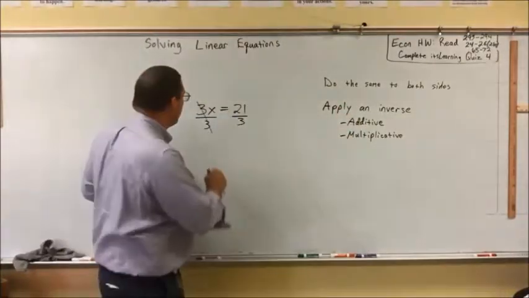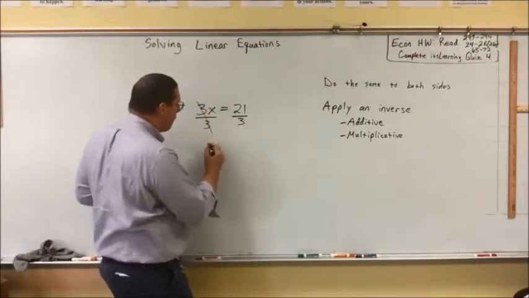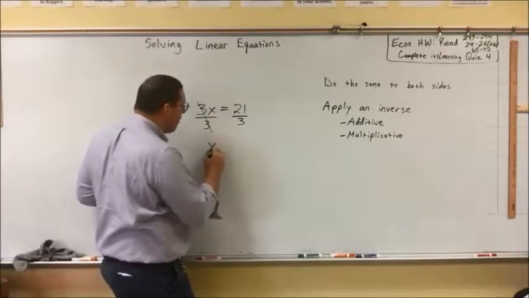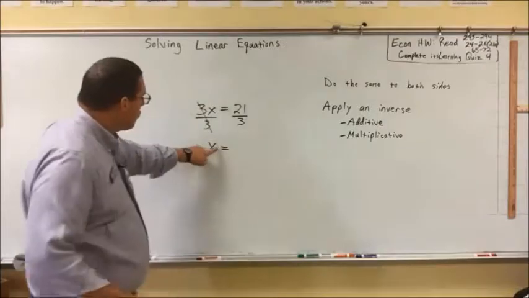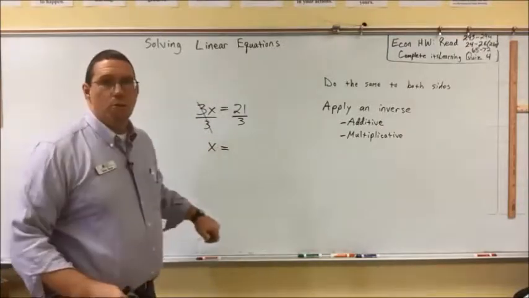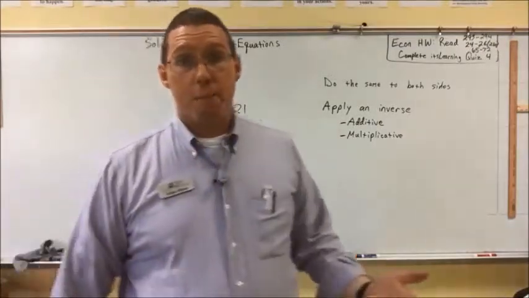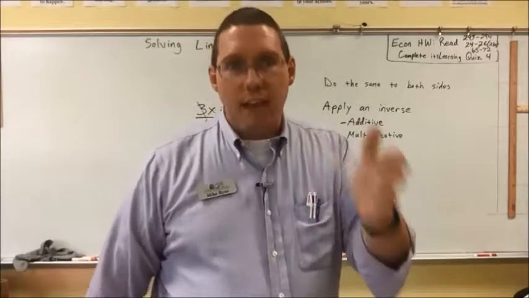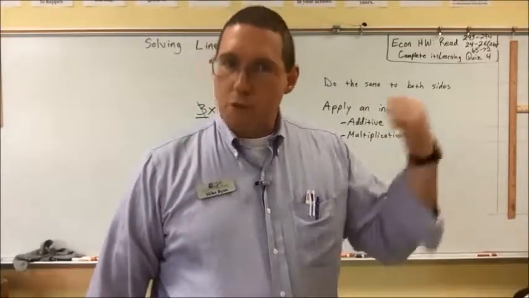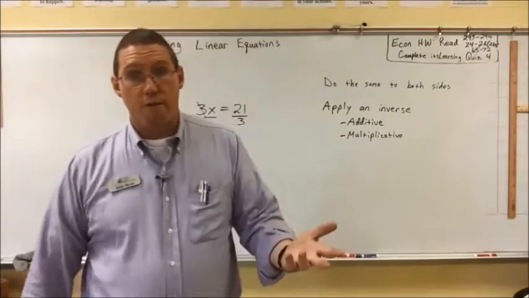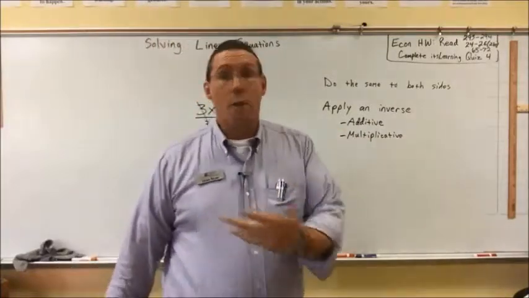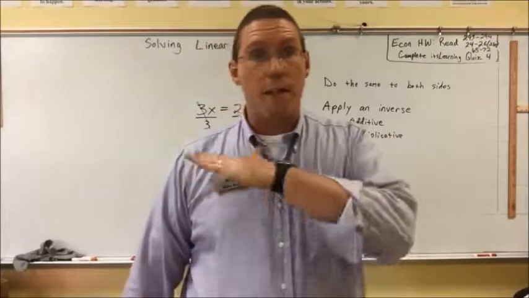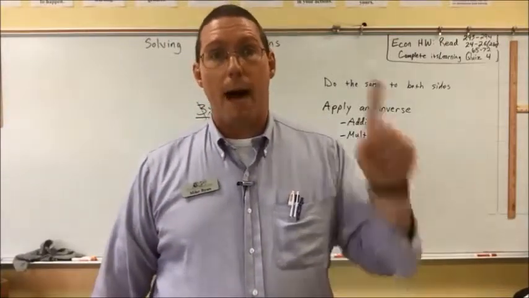Why is that important? Because we want a 1 in front of the x. When we have just x equals, this is really 1x equals. Anytime you solve for a variable in algebra, if it's m equals, it's 1 times m equals. And if you saw one of my other videos on the rules of exponents, I talked about how whenever you have a variable or a number, it is always being multiplied by 1.